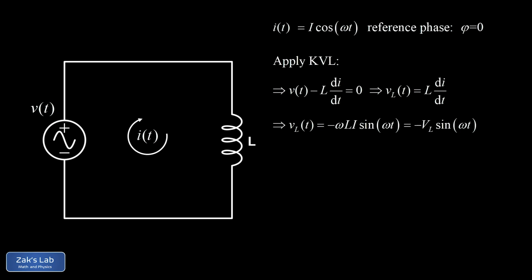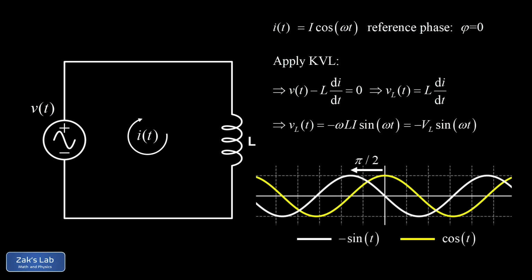Now we want to relate this to the current function, and it's going to be easiest to compare if we rewrite this as a cosine. Here we recall that the negative of a sine function, that's the white curve in this picture, is just a cosine function shifted to the left by pi over 2.